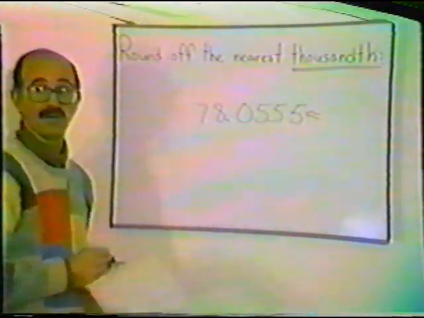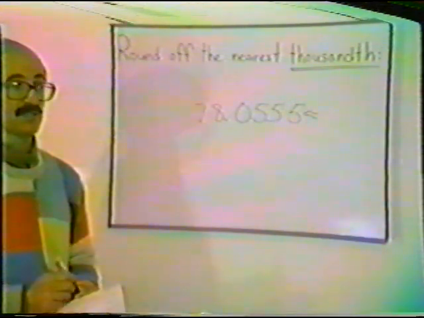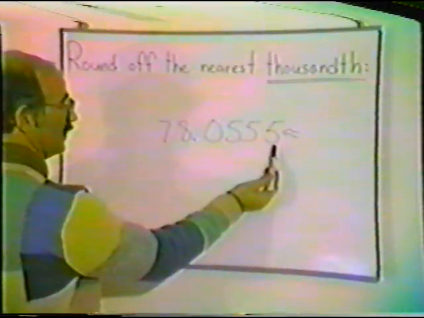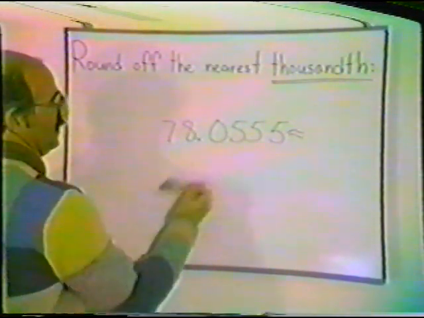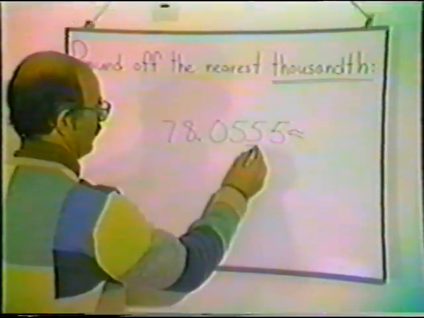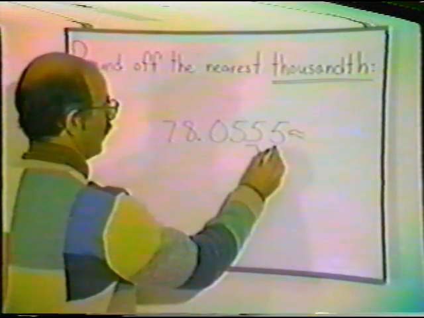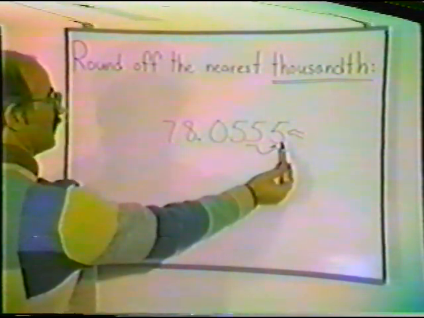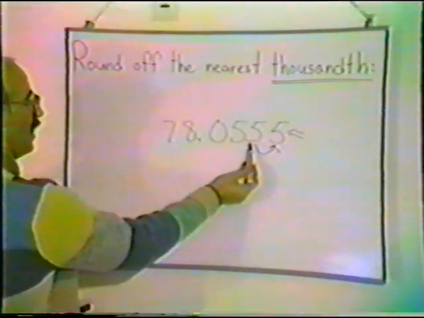78.0555. Which number is in the thousandths place? 5. This one? No. This one? Yes. We underline it and point to the number just to the right of it. The 5 tells us that this 5 does what?